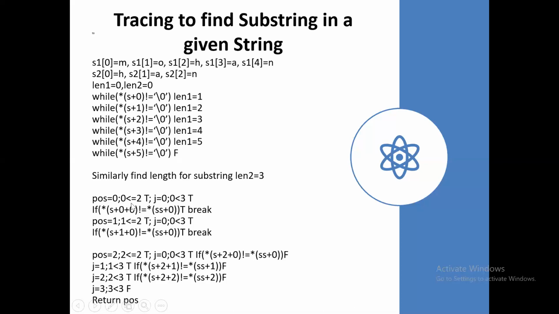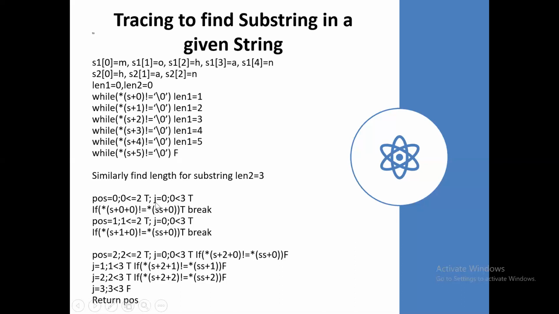I am taking the difference between the main string length and the substring length, 5 minus 3 is 2. So I will perform comparison starting from 0, next 1, 2. Up to 3 comparisons I will do here. Within that only I am going to find the substring position. If that does not match, then the substring is not found in the main string.